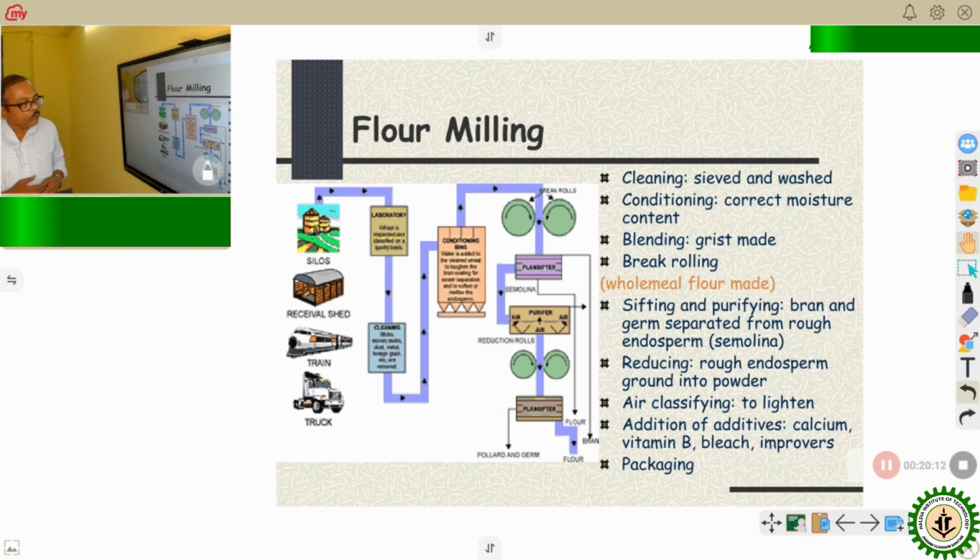Bran separation is mostly dependent on the aspiration process, air flowing by blowing air. But if sizes are almost the same for flour and the bran, separation becomes difficult. So the objective is not to grind the bran, but to keep the bran intact and separate it as a continuous layer.